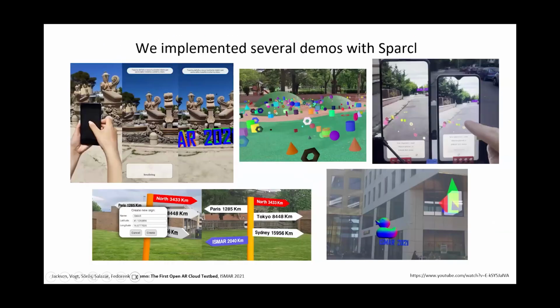But spARcl is still following this workflow, and we implemented it. This first version was created in 2021 for the ISMAR conference in Bari. This was a nice coincidence because our visual positioning partner, Augmented City, is a startup in Bari. So they actually had the full city mapped already for their own services.